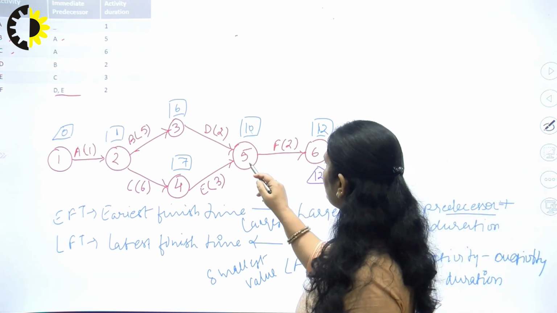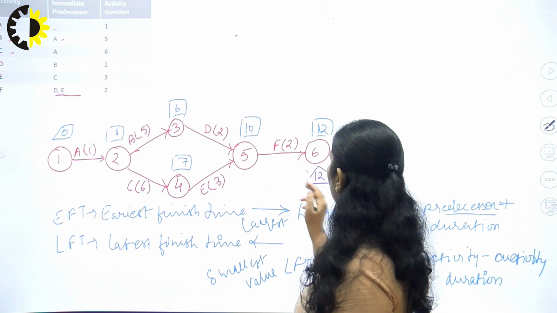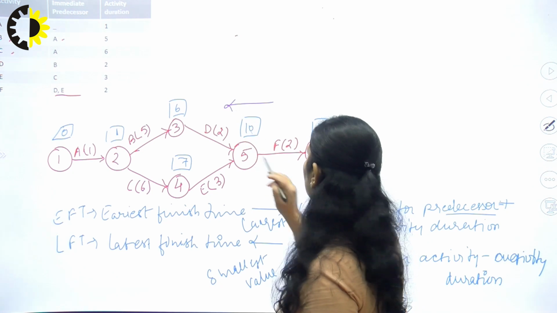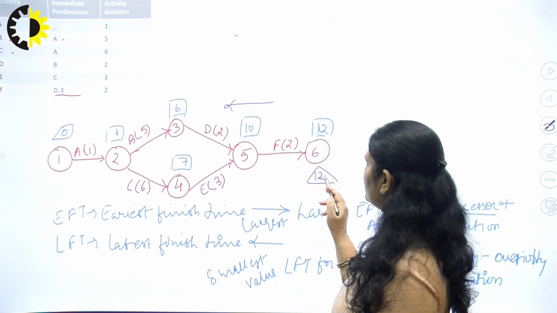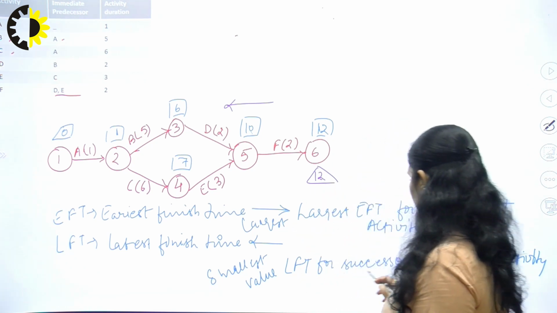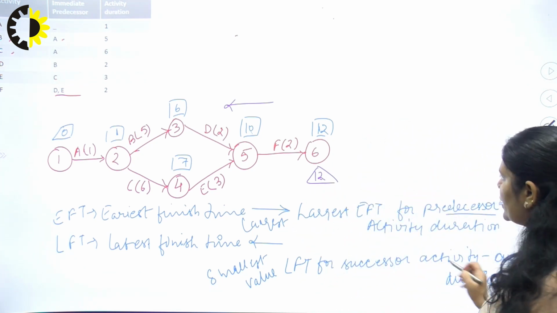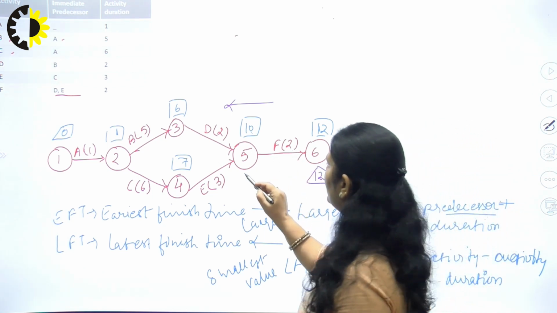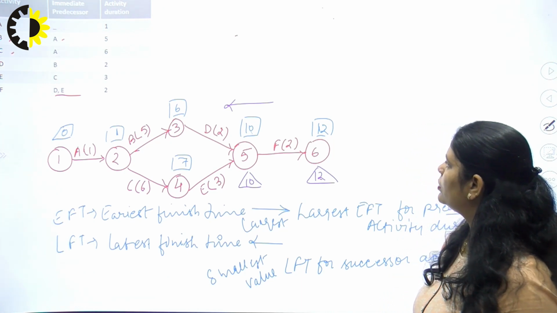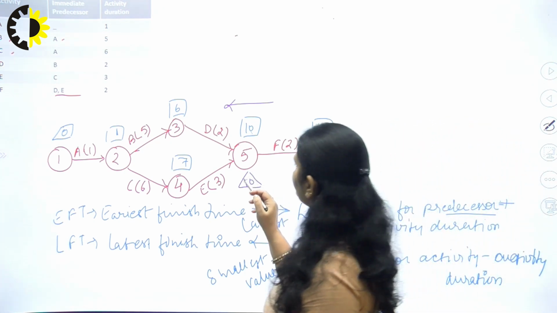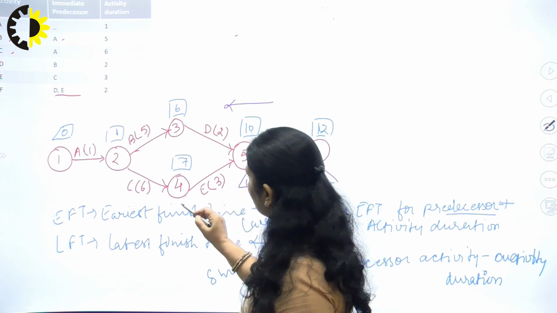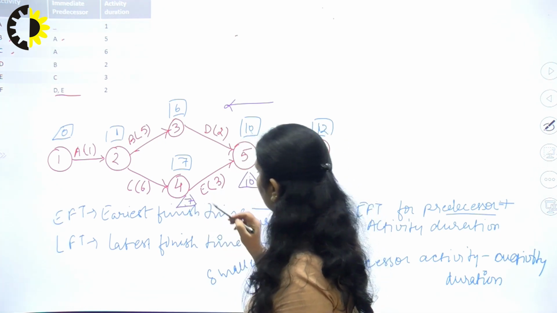Now what will be the LFT for this one? It is the backward movement. It will become 12, which is the LFT of the successor activity. So LFT of the successor activity minus activity duration means 12 minus 2, which becomes 10 here. For this activity, it will become 10 minus 3, which is 7.